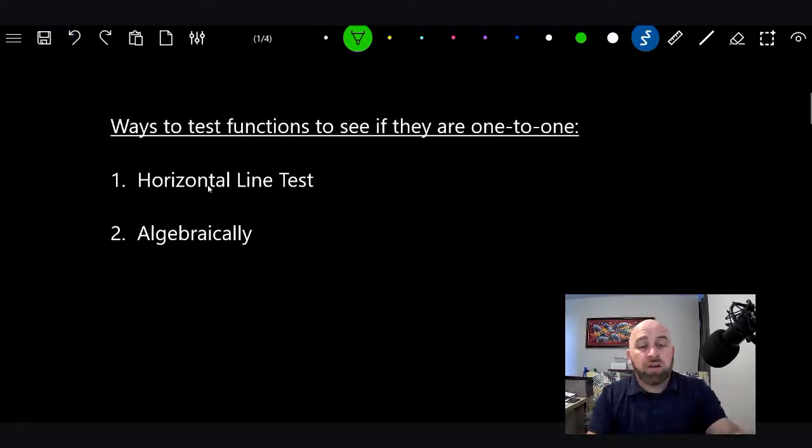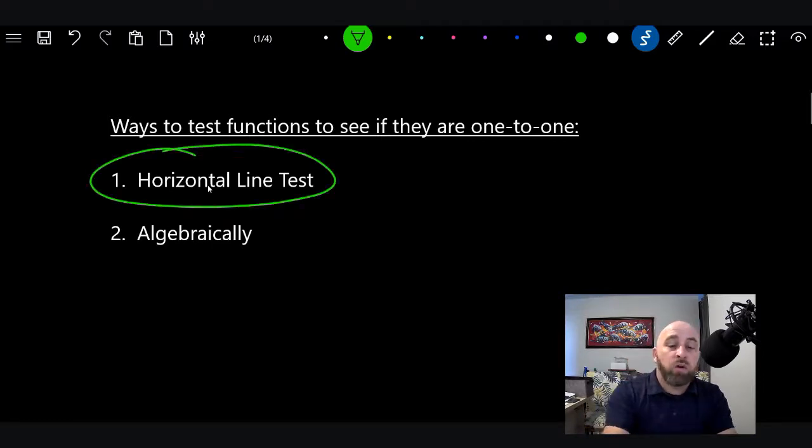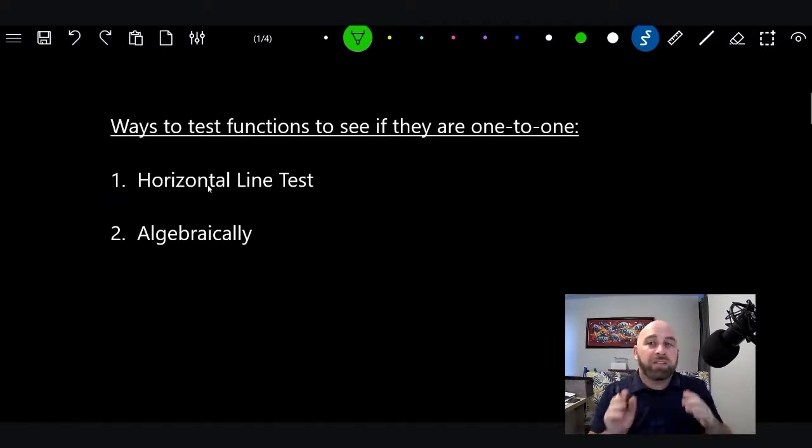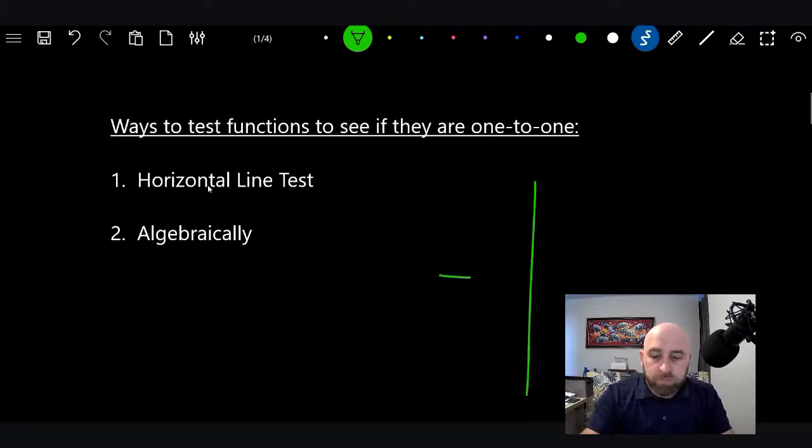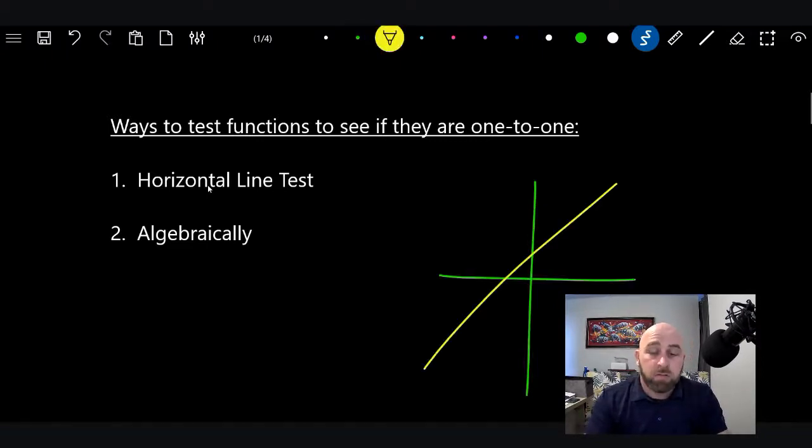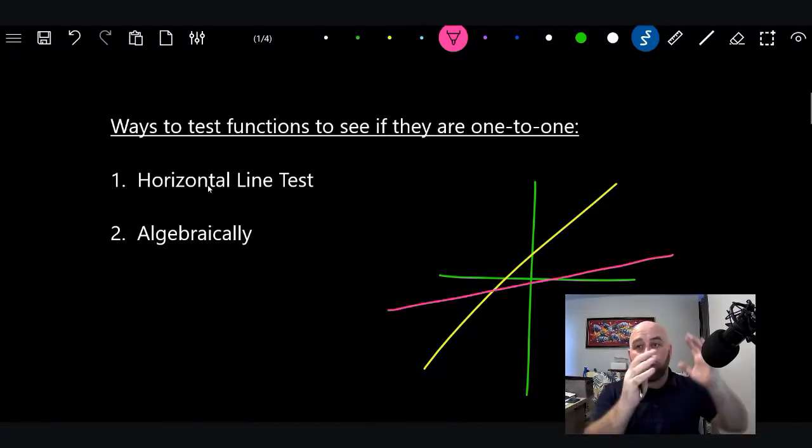So now here's what we want to talk about. We want to talk about what's called the horizontal line test, because let me show you what we're really doing. So here's our function. When we invert the function, I'll put the inverted function in the pink line. What we're doing is we're kind of turning our graph.